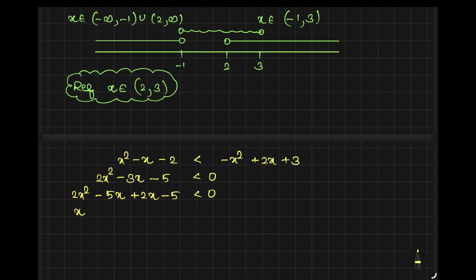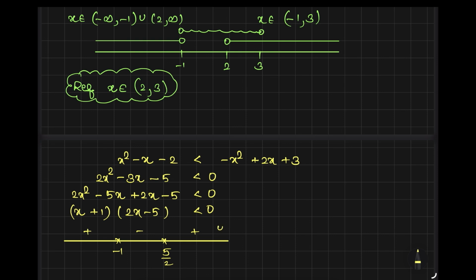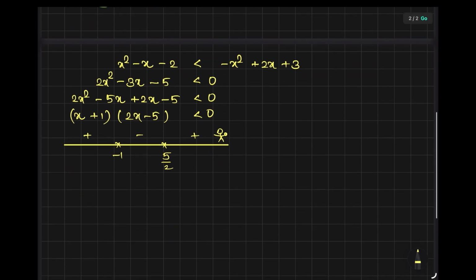So x is common, plus 1 is common, and then 2x minus 5. So we will plot them on the number line. So it is minus 1 and it is 5 by 2, with plus, minus, plus. You will consider only those regions in which it is less than 0. Less than 0 means what? Negative. So x belongs to what? Minus 1 to 5 by 2.